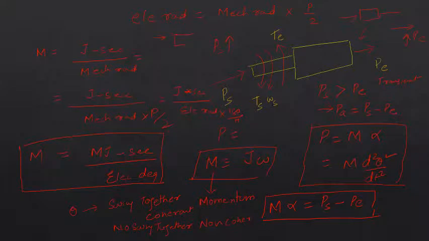If you want to get ahead of this car, you accelerate and come in front, and you maintain that speed. Similarly here, we accelerate our mechanical side and then maintain that speed.